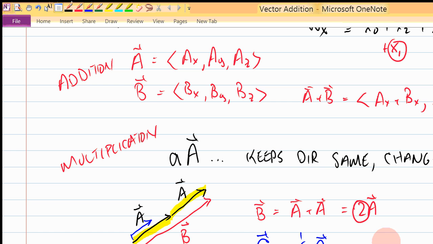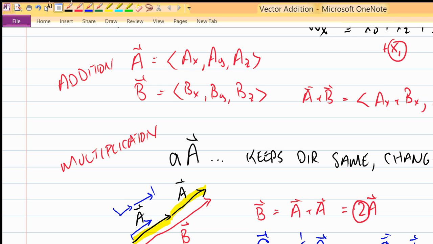And I think I can show you that C plus C is equal to A. So if I take a vector that is half as long as A and add another vector that's half as long as A, I get something which is just as long as A. In other words, 1/2 A plus 1/2 A is equal to A.